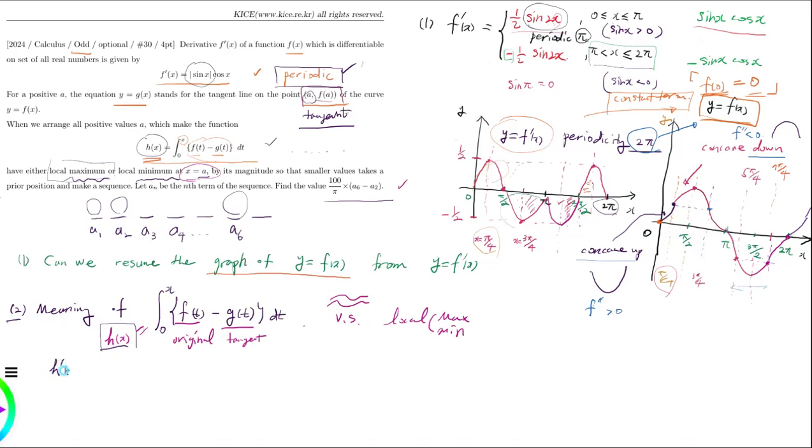Let's take a derivative with respect to x, and then we have f of x minus g of x here. To have a local maximum or minimum, let's say at point x equals a, it's a tangent point.